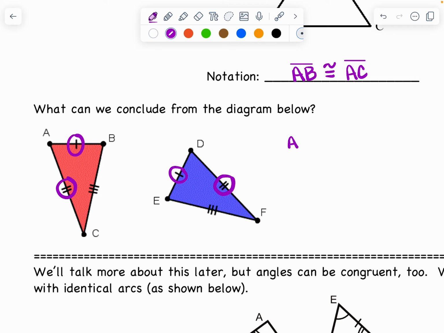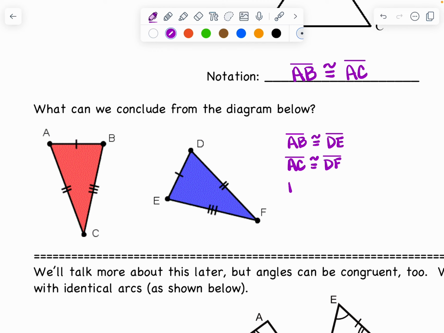Right, so if you want, you can write out a bunch of statements just to practice, right? I know AB on my red triangle is congruent to segment DE on my blue triangle, right? And again, I know this because I'm just simply matching up the number of tick marks, okay? I know AC is congruent to DF.